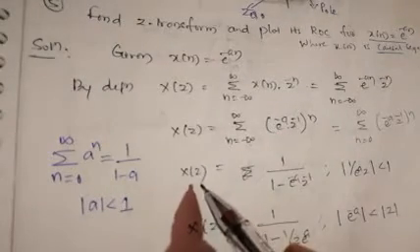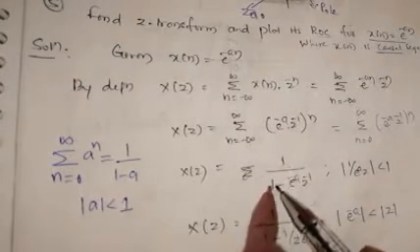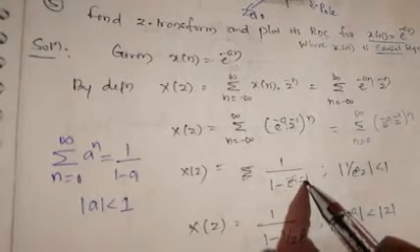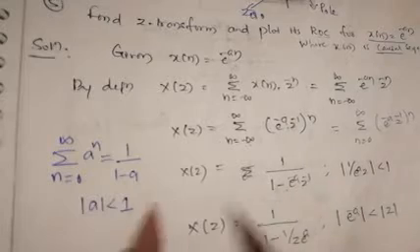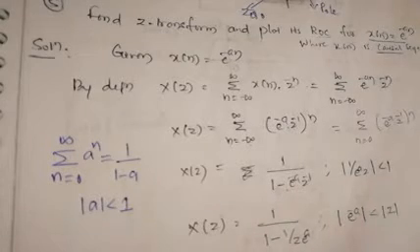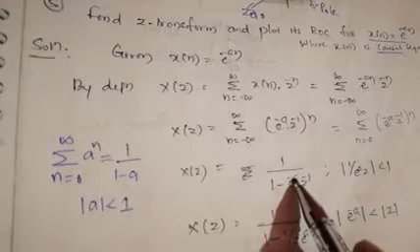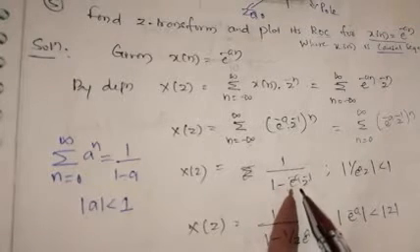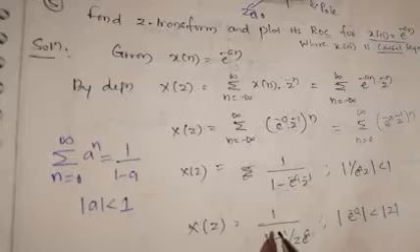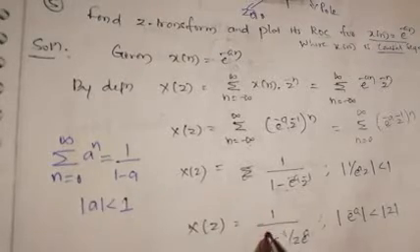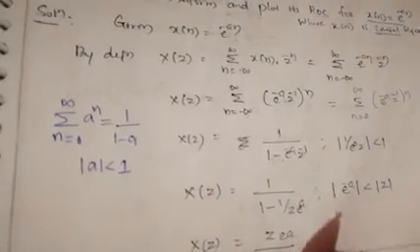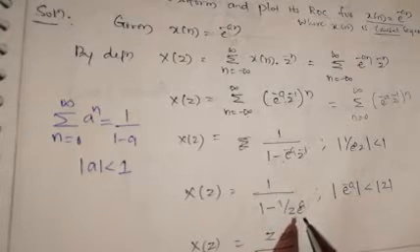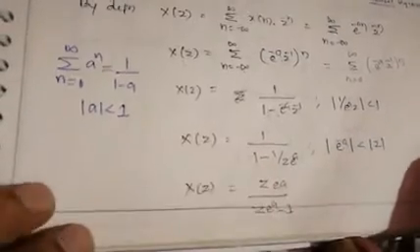Hence it becomes x of z equal to 1 divided by 1 minus e to the power minus a z raised to minus 1. Z raised to minus 1 is nothing but 1 by z. So e to the power minus a we write as 1 divided by e to the power a. Hence x of z equal to 1 divided by 1 minus 1 divided by z into e to the power a. Let us take LCM.